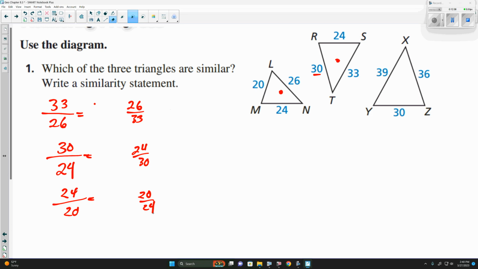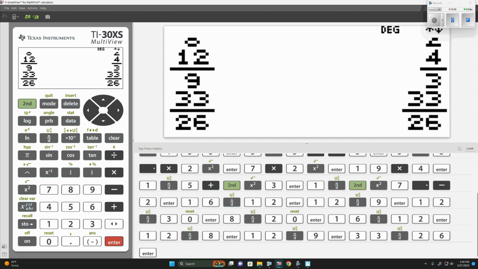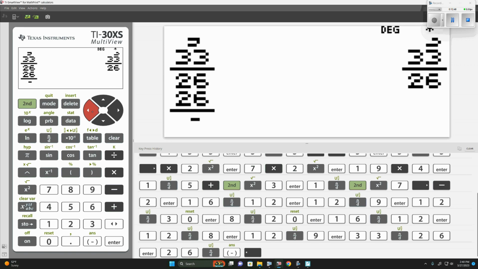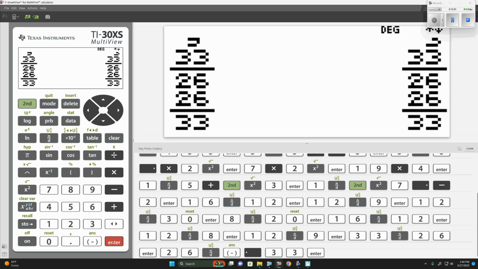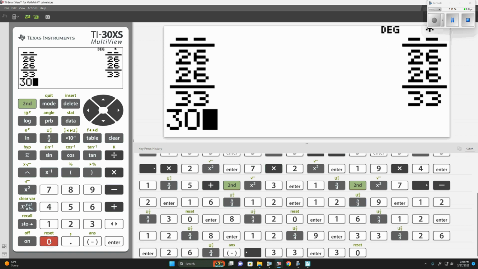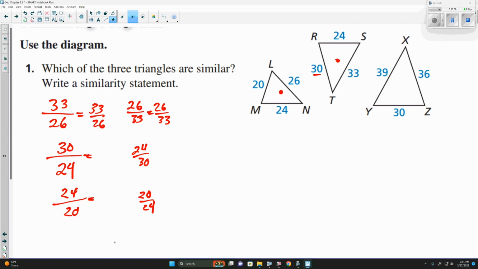So if we do 33 over 26, over 26 reduces 2. Or if we did 26 over 33, we get the same. It's just flipped. So this is just 33 over 26 or 26 over 33. 30 over 24 is, yeah, we already have one different.